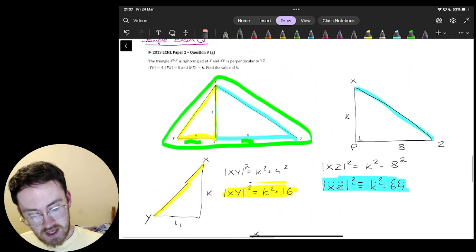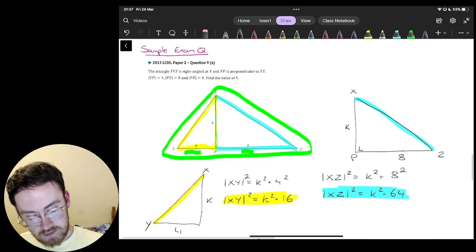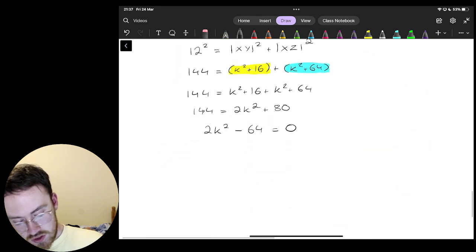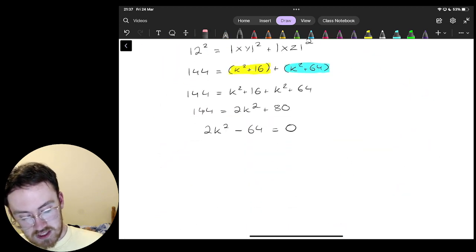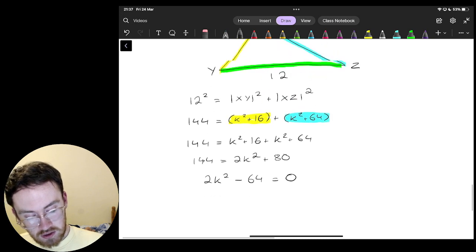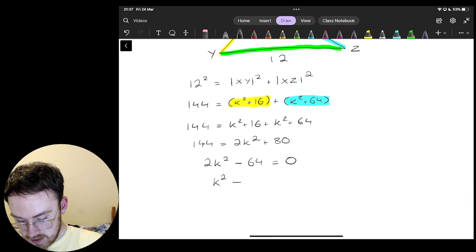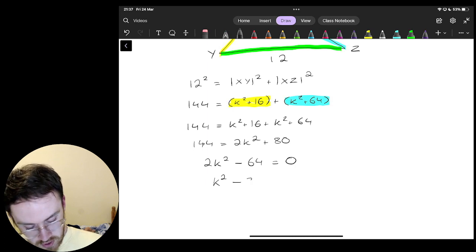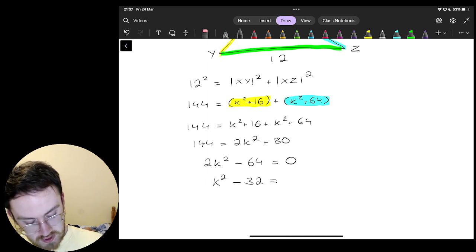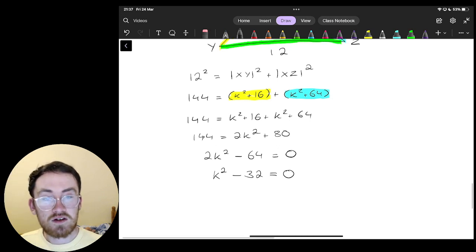Okay, so let's follow this one through as best we can. So let's maybe divide by 2 here. So k squared minus 64 divided by 2, of course, is 32. 32 is equal to 0.